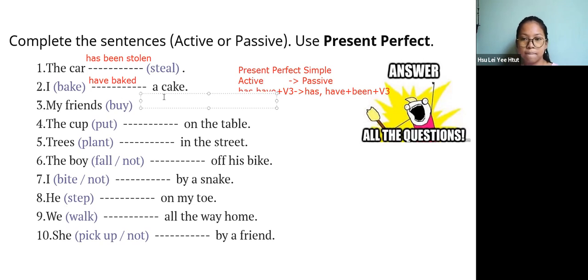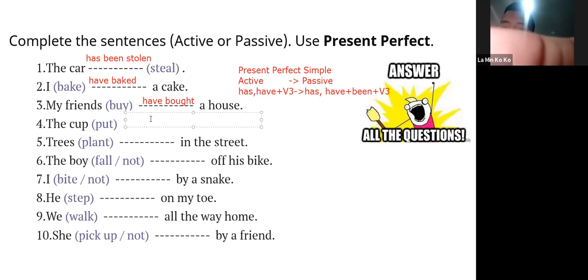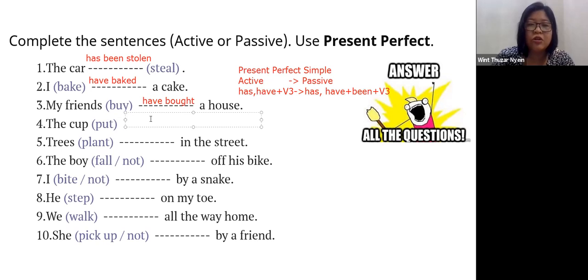Number 3, my friend. My friend is a person, right, who does the action, so it should be active in this sentence. Active present perfect; my friends are plural, so have bought. Number 4, the cup. The cup is a thing, right? It cannot do any action, so it should be passive.